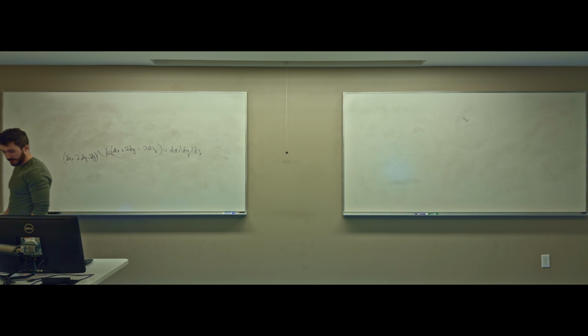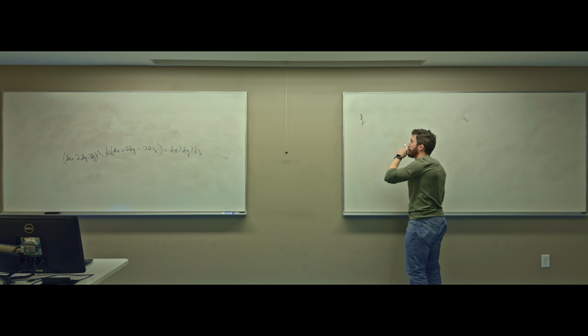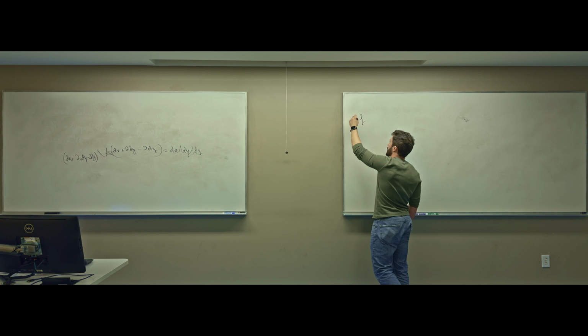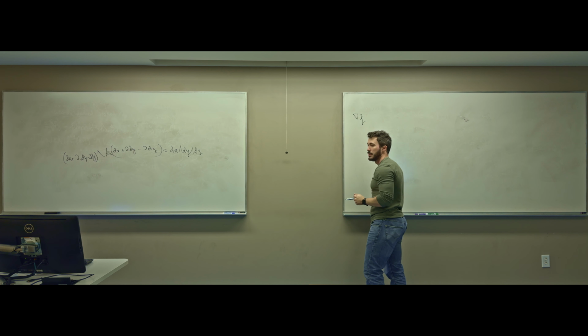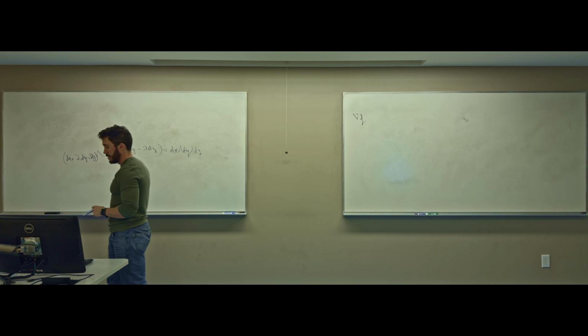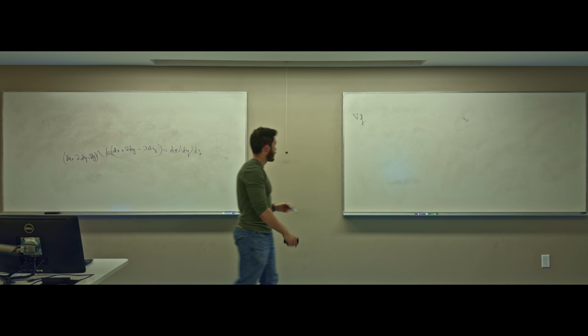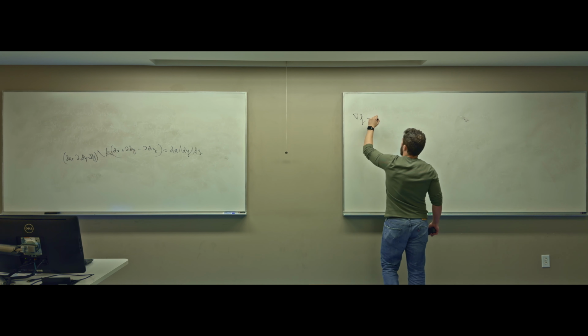Let's get the order of the symbols. If you're working in R3 and you get a function f, you sometimes in vector calculus will write nabla f. And this is a vector field, right? You can rephrase this using exterior calculus as the following.